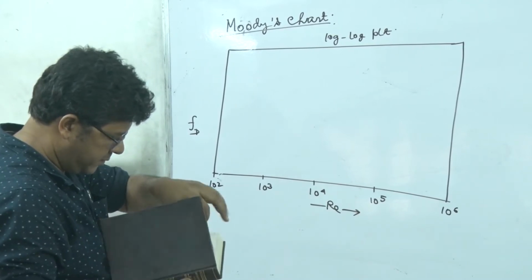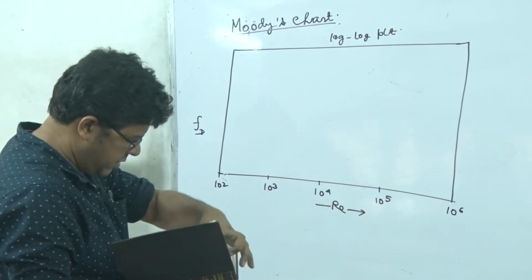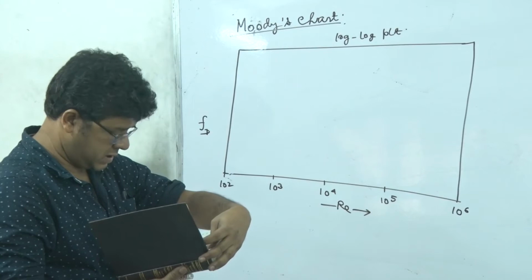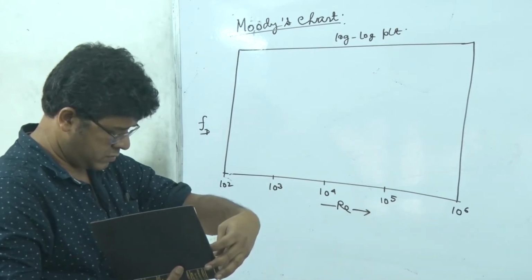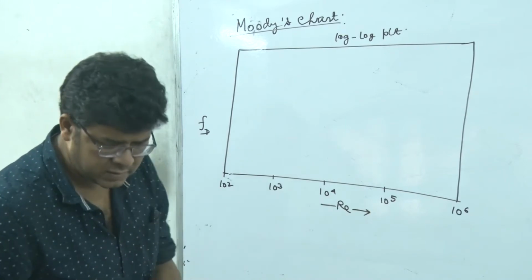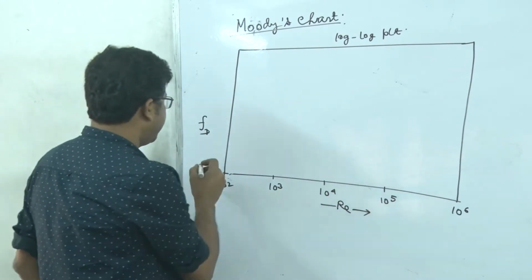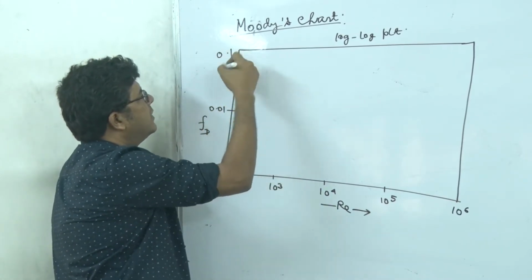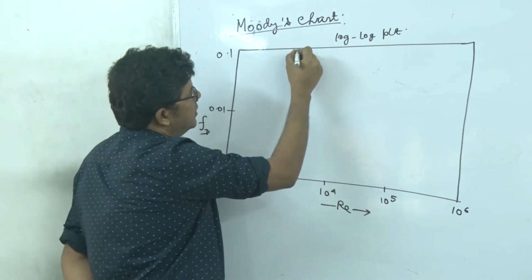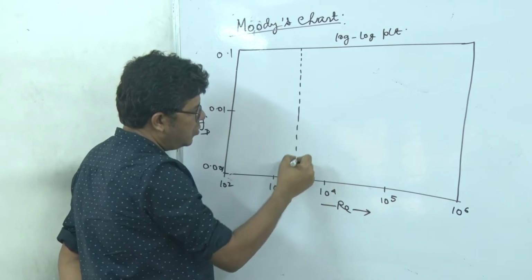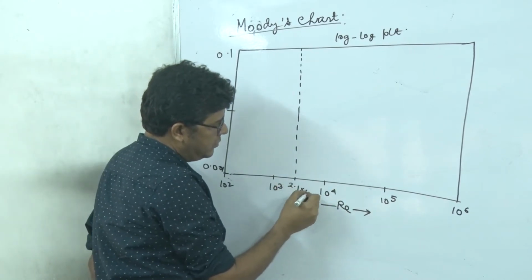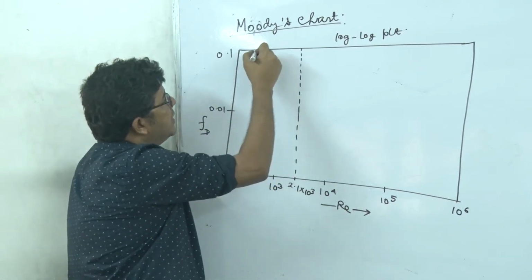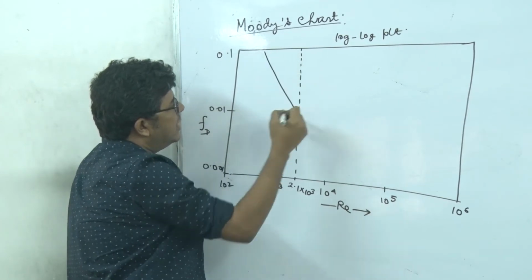It generally starts from 0.001, then 0.01, 0.1, etc. Up to this, 2.1 into 10 to the power 3, that is the first critical threshold value for the Reynolds number, and your line will be like this.